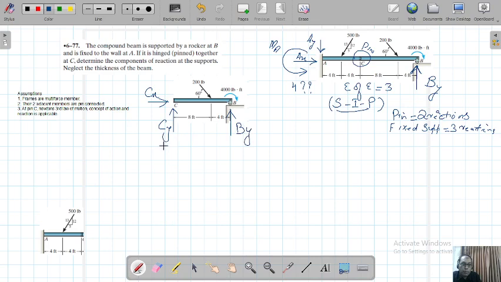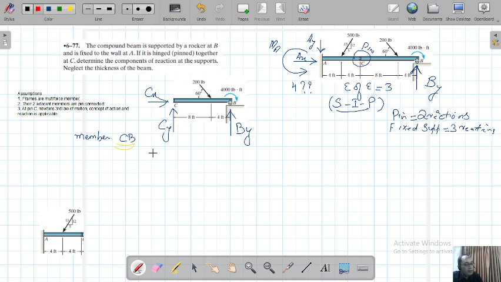If you just concentrate on CB, you can write it here: this is your member CB that you are considering. So now we can solve this.